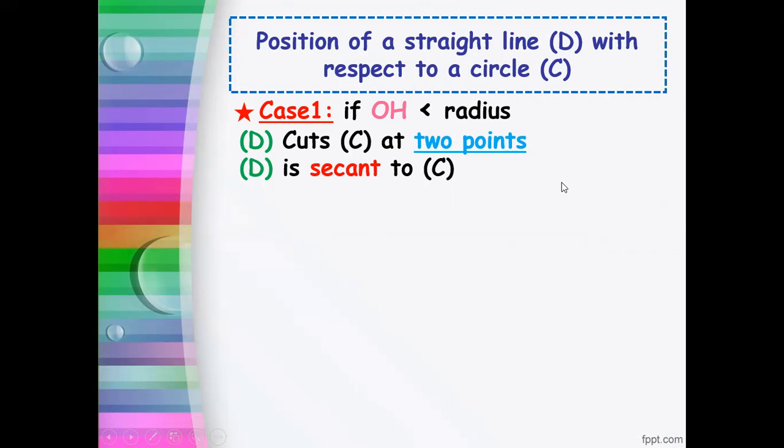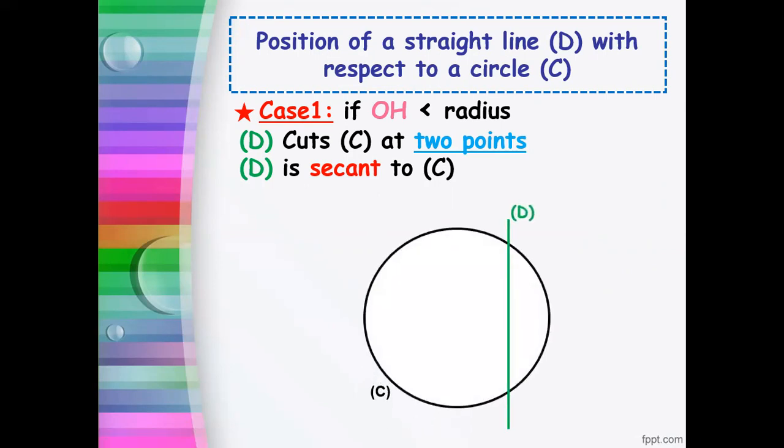Let's see the figure. It is a straight line D, and we have the circle C. We have to find the distance from the point O, from the center, to the straight line D. If the distance from the center to the straight line D, which is OH, is smaller than the radius, look, it is smaller than the radius.